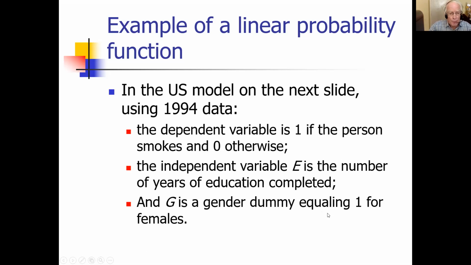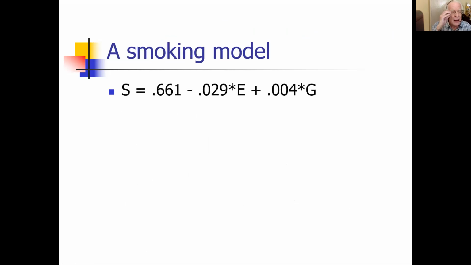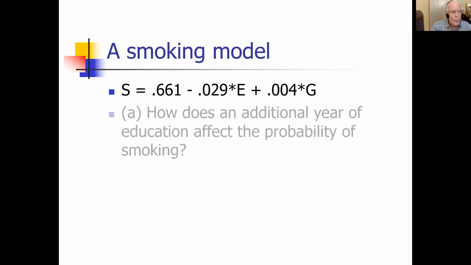Set the dummy equal to 1 for females and equal to 0 for males. And here is the model of a linear probability function that results.